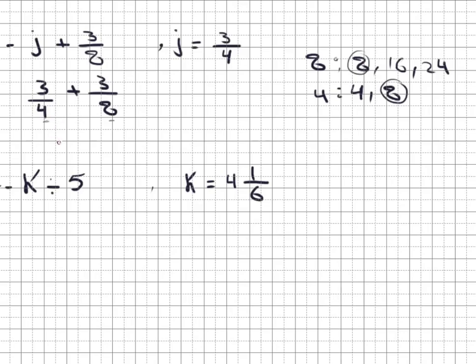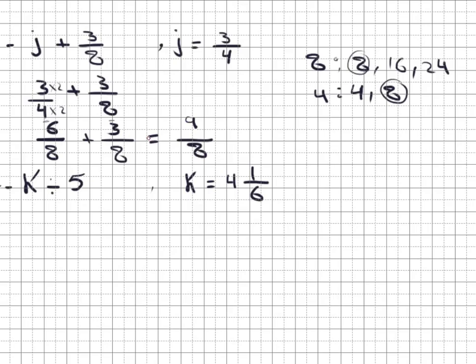Here will become a new fraction, but with denominator 8. 4 multiplied by what gives us 8? Multiplied by 2, and here also multiplied by 2. 3 multiplied by 2, the answer is 6, and here 8 stays the same, then 3 also stays the same, equals 6 plus 3 equals 9 over 8.